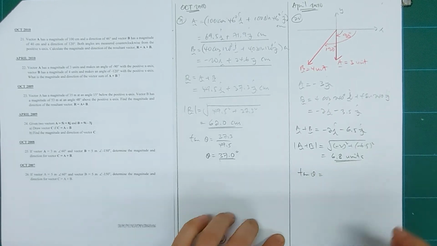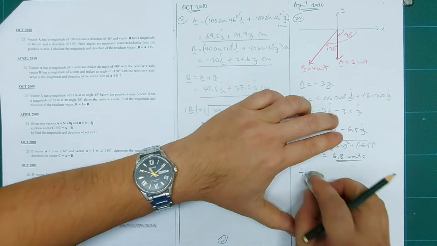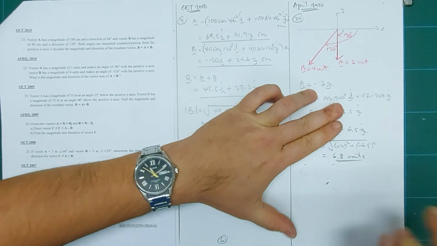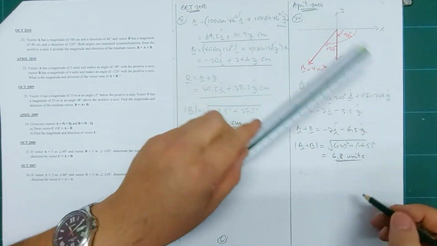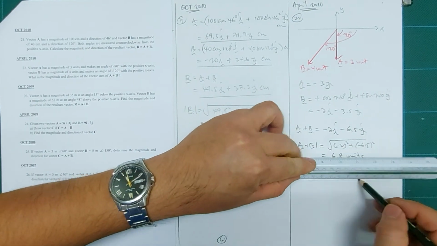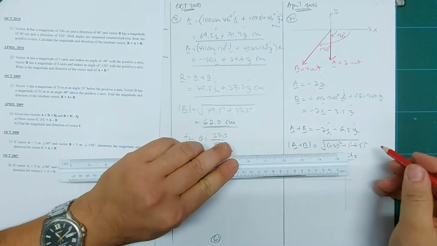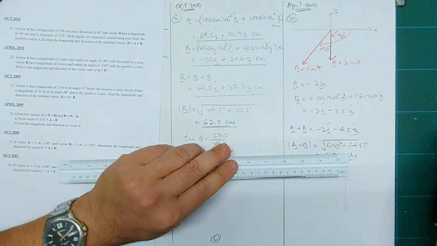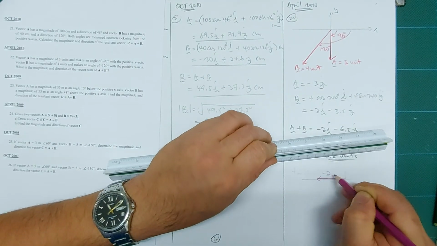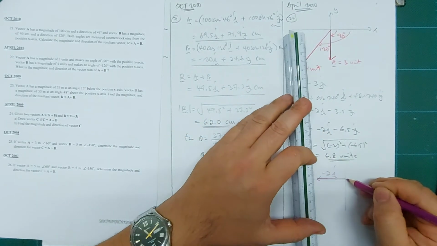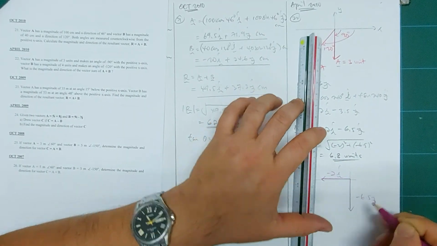Now if you want to draw also can, so that you understand more actually what direction the vector is. Both are negative components, so it's this and this. So the components for A plus B are negative 2i and negative 6.5j.